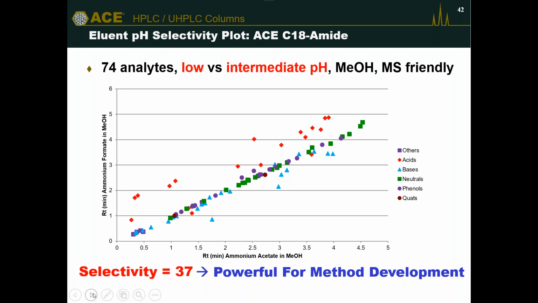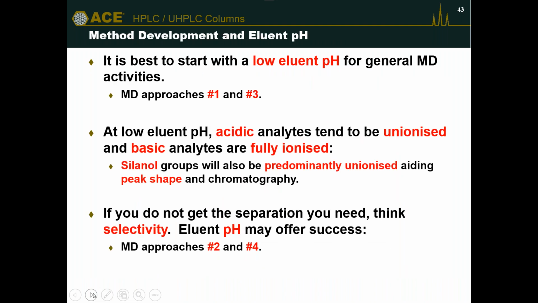So it's not the 85 or 83 selectivity value we saw before, but especially for those acids, the bases, you're seeing big shifts in retention time, big shifts in selectivity. So really low and high pH or intermediate pH, dependent on your analyte properties, are really worth exploring.